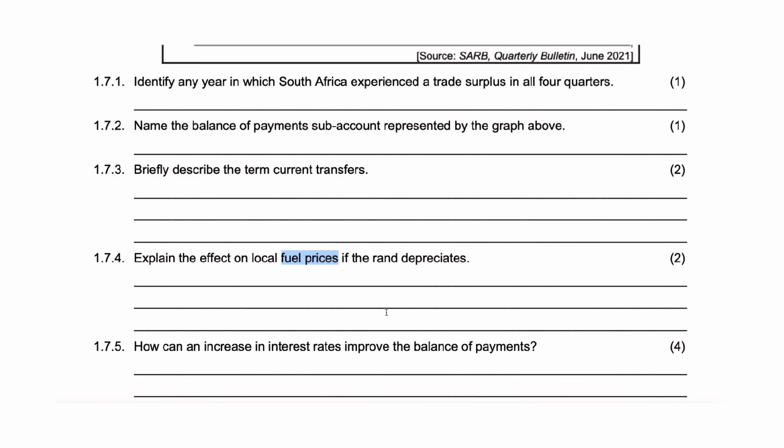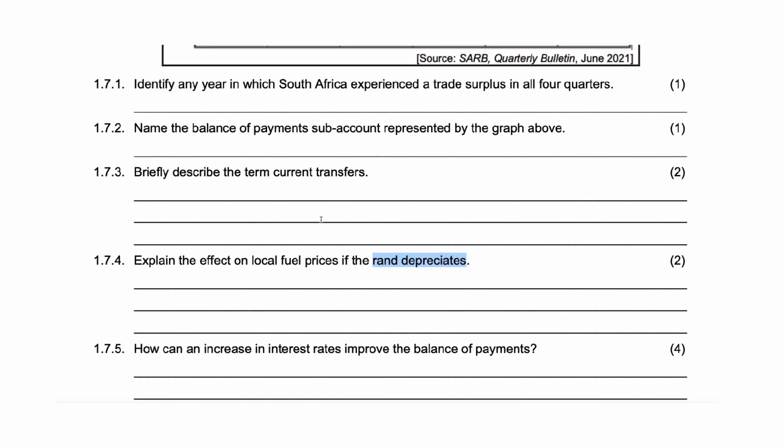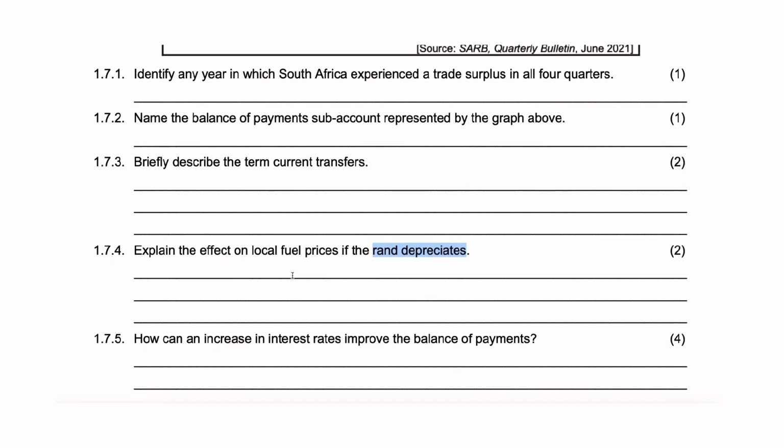We have to import it. So if the rand depreciates, it becomes more expensive for us to import crude oil. So basically, it's going to make our fuel prices go up. So the effect is that fuel prices would go up.